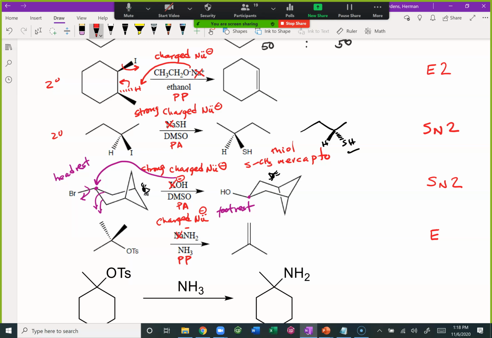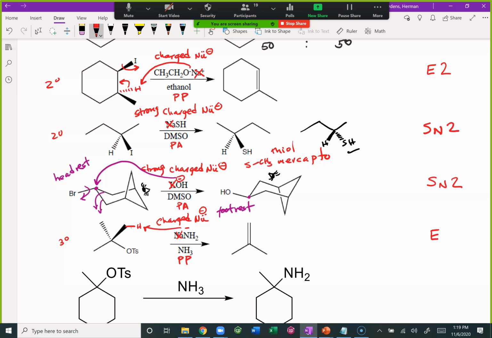All right, and so you're making an elimination. So we're eliminating one of these H's. It's gonna come out. Notice that this is a tertiary alkyl halide, so it's bad for SN2, but it's good for E2. All right. So here's your charged nucleophile.